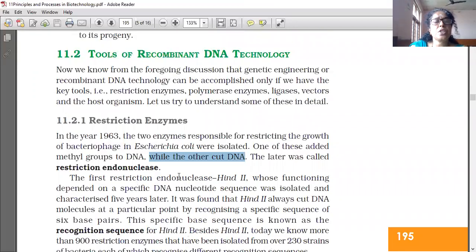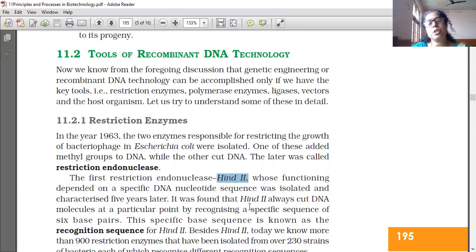The first restriction endonuclease enzyme was HindII, whose functioning depended on a specific DNA nucleotide sequence. It was isolated and characterized five years later.